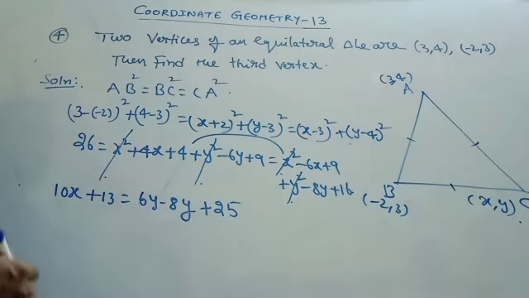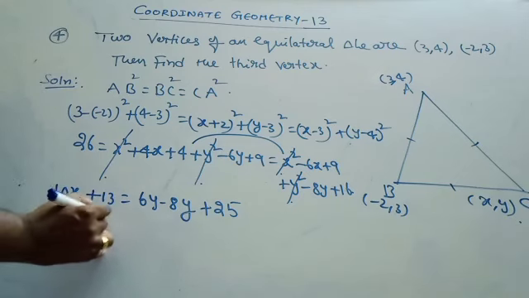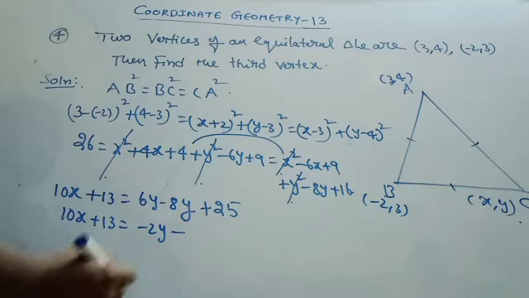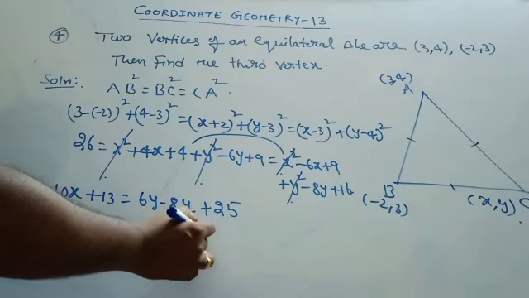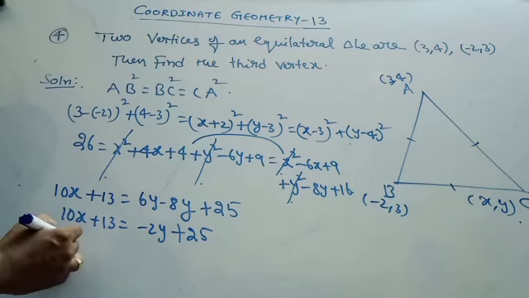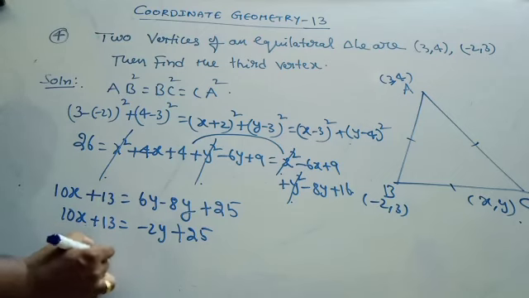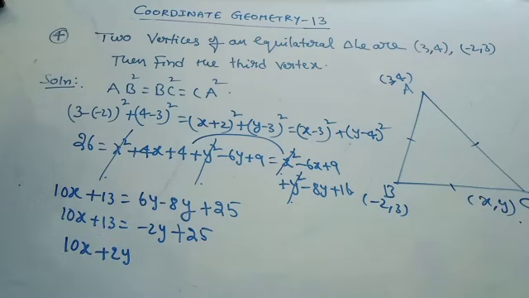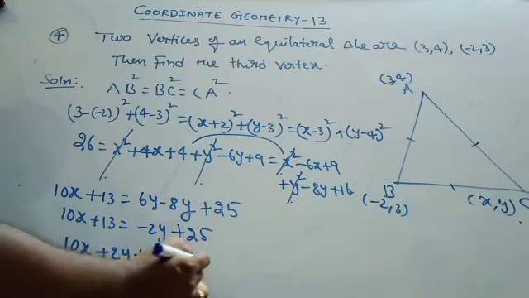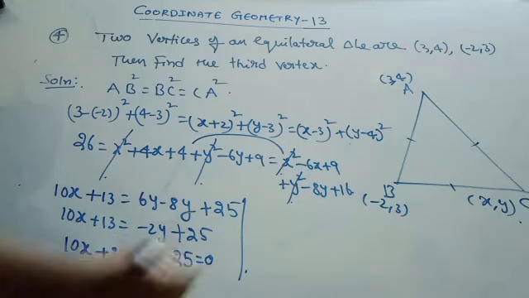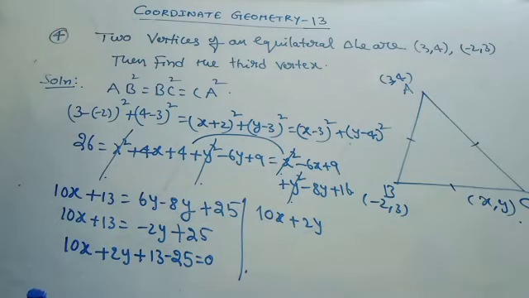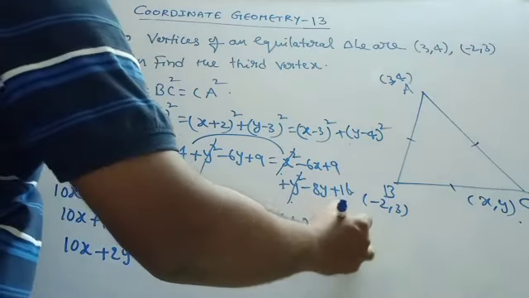So 10x + 13 is equal to −2y + 25. Let us bring them to one side: 10x + 2y + 13 − 25 = 0, and 13 minus 25 is −12, so 10x + 2y − 12 = 0.